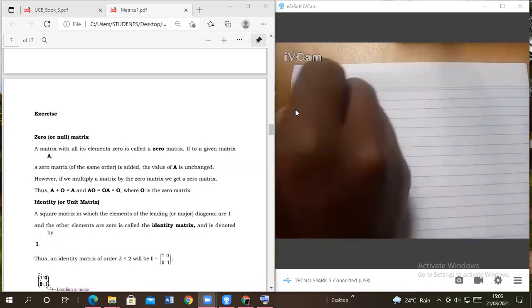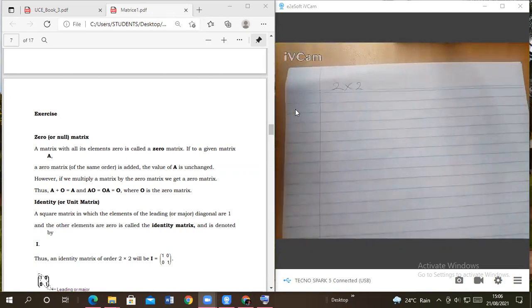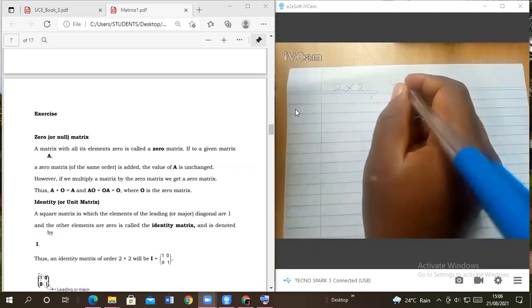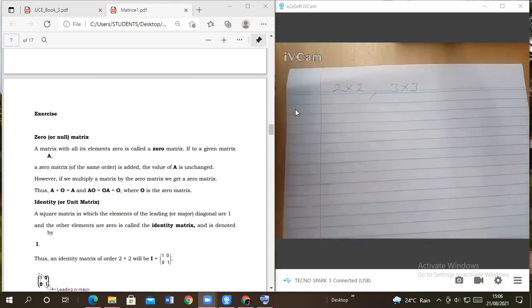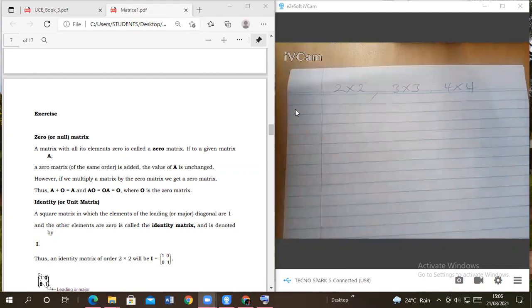So in that case, a 2 by 2 is a square matrix. A 3 by 3 is a square matrix. A 4 by 4 is a square matrix. And we are saying a unity matrix or an identity matrix has to be a square matrix.